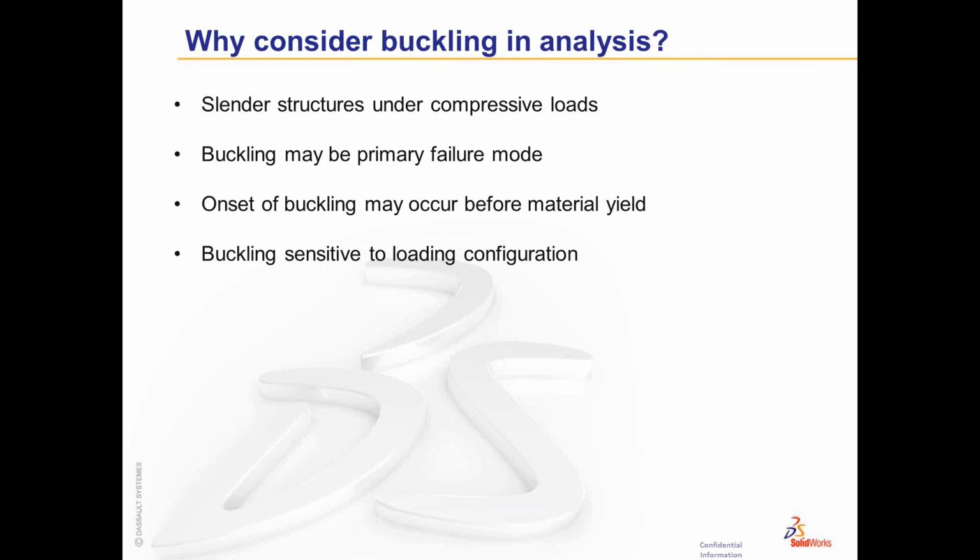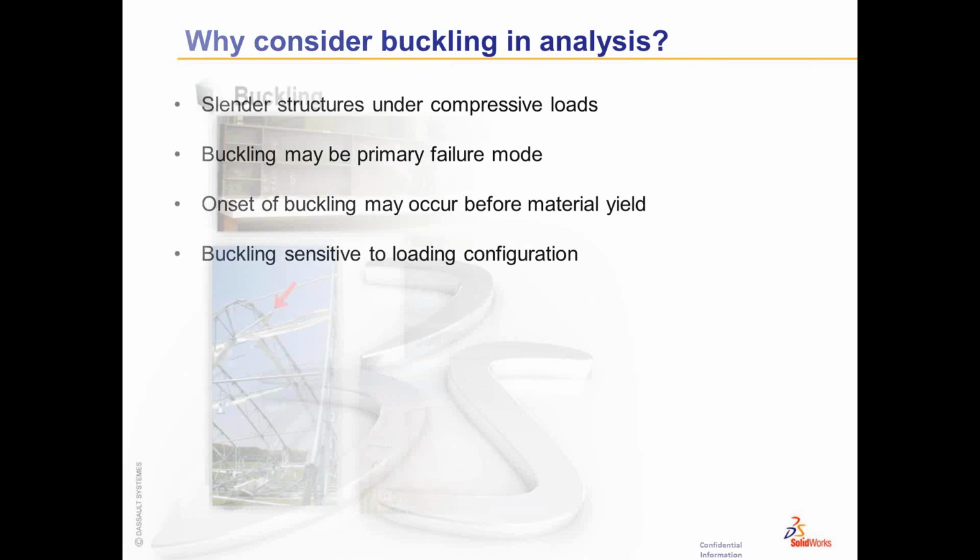However, when the situation becomes more realistic, in terms of the loading is not perfectly axial on the column, there's some side load or offset load, then the buckling load factor can plummet quickly. So our calculations could be extremely conservative, meaning they're over-predicting the buckling strength of the structure. And that's when we need a tool like SOLIDWORKS Simulation to help us gain insight into the real buckling load factor and buckling modes.